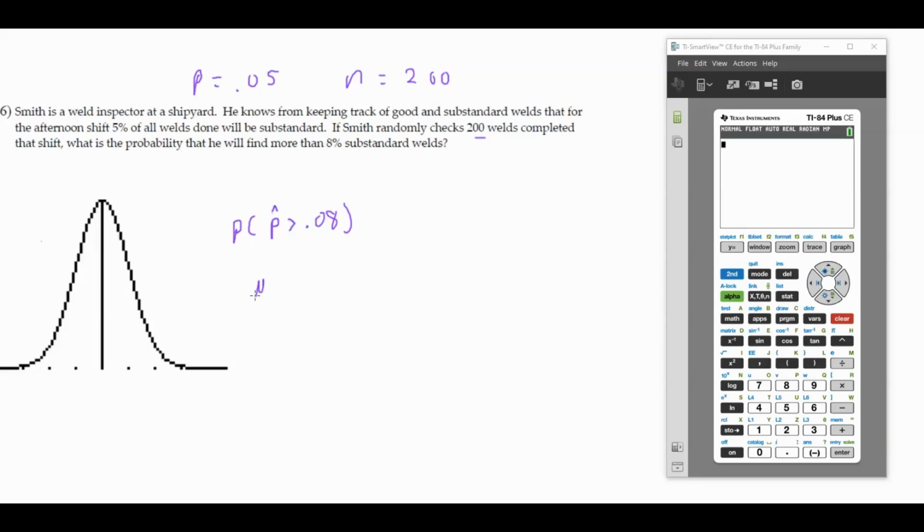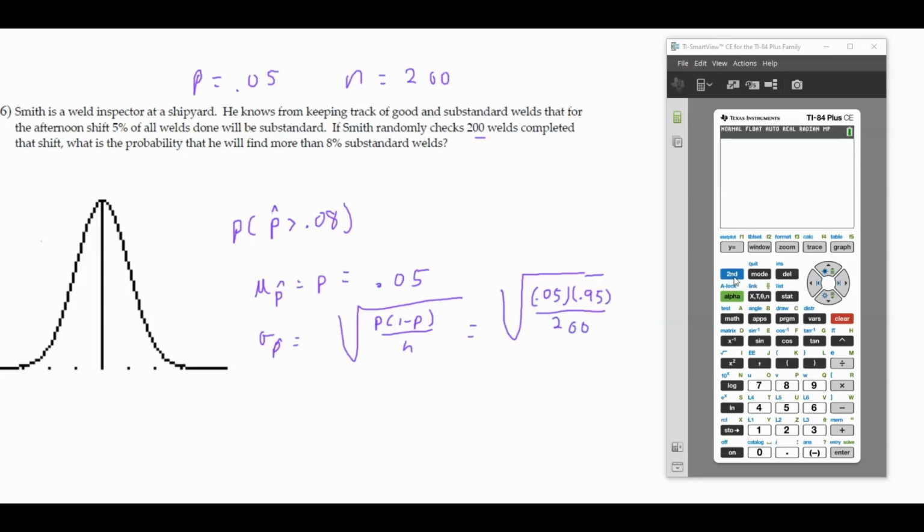Well, the mean of p hat is p, which is 0.05, and the standard deviation is the square root of p times 1 minus p over n, which is the square root of 0.05 times 1 minus 0.05, which is 0.95, all over 200.